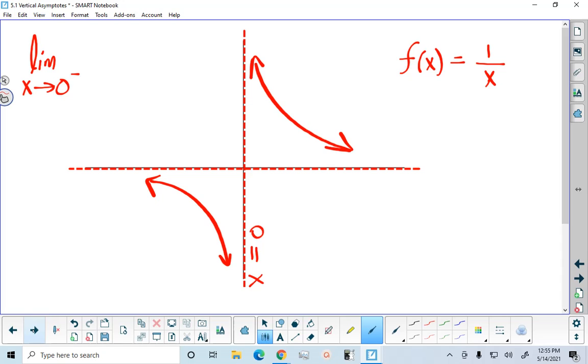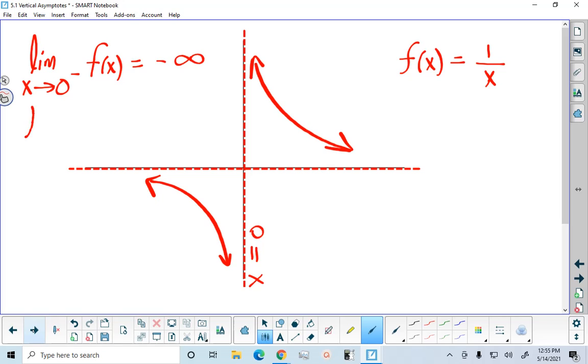It's the y-axis. Of the function, the limit as x approaches 0 from the left of the function is equal to negative infinity, because on the left of that asymptote, the function is heading downwards without bound, without any breaking. It just keeps going.